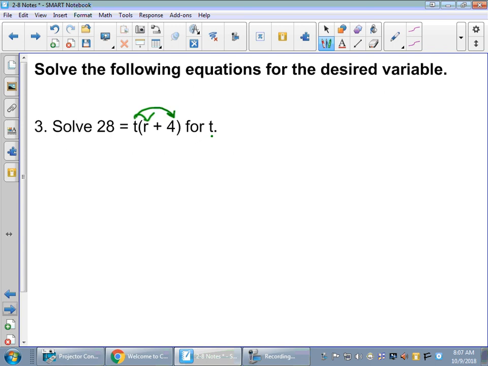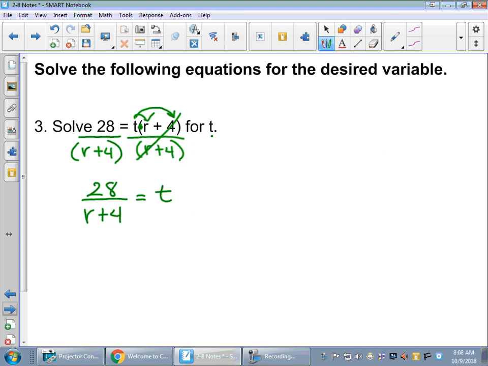Right now, t is really all by itself. It's just being multiplied by r plus 4. So anytime you have this and the variable on the outside is what you want to isolate, since we're multiplying by r plus 4, let's just divide both sides by r plus 4. They cancel. On the left side, I have 28 divided by the quantity r plus 4, and that's equal to t.